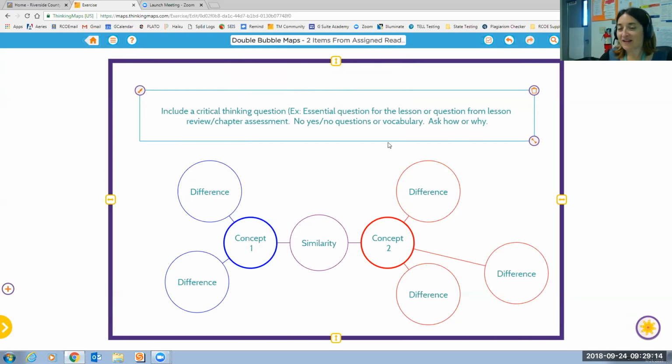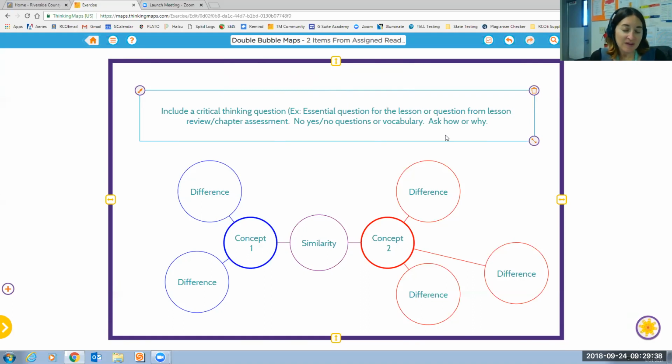So remember that you're not only just comparing those 2 items, you also need to have in your frame of reference some kind of critical thinking question. So because your teachers don't know what topic you chose to help you develop a question, you guys are going to have to kind of be a sleuth, a detective this week, and you're going to have to kind of hunt up a really good question.